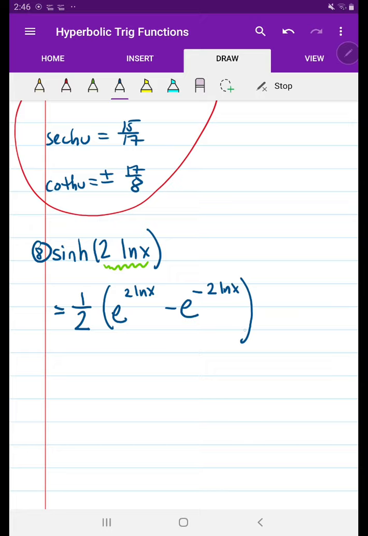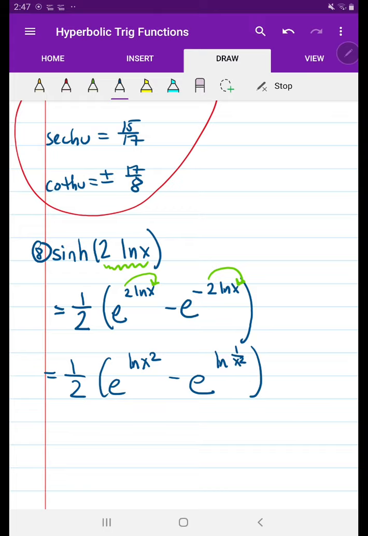Okay, and then what I think I'm going to do is these 2's that are in front of these natural logs, I'm going to throw them over and make them the exponents on those x's. So then this will turn into 1/2 times e to the natural log x squared minus e to the natural log 1 over x squared.